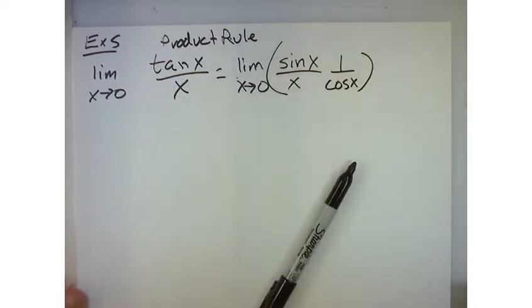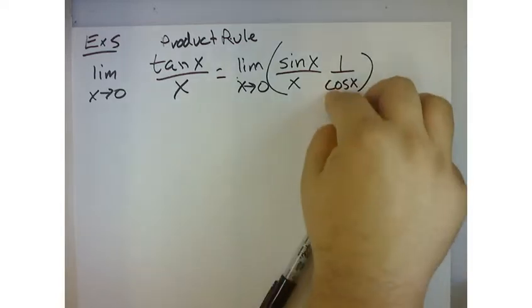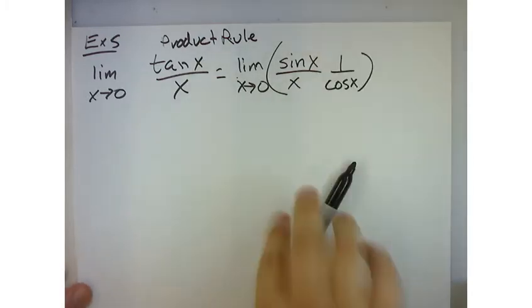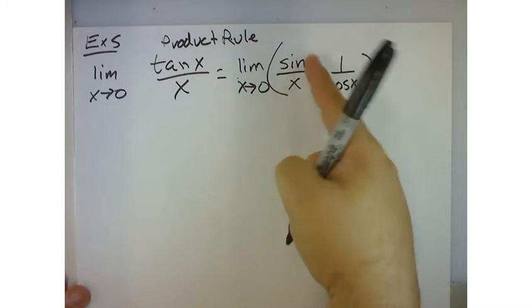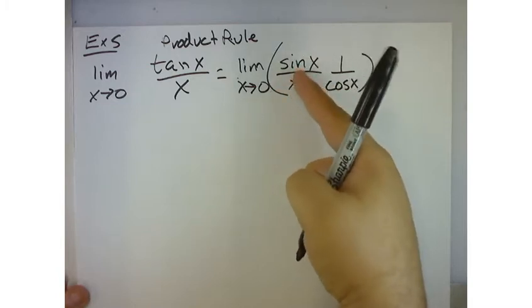Now here, with cosine, we have no problems because when x equals 0, what's cosine of 0? Do you guys remember? 1, right? Cosine of 0 is 1, so this portion becomes 1. So we have no issue there. Here I'll show you how to address this issue, but this is defined, right? We could come up with an answer for this one.